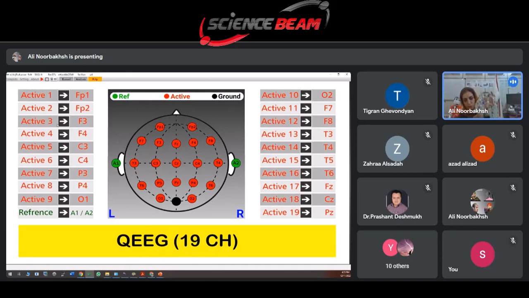This cap is for recording EEG, and there are 19 points in it, as you can see in the picture. We should connect it to the device.